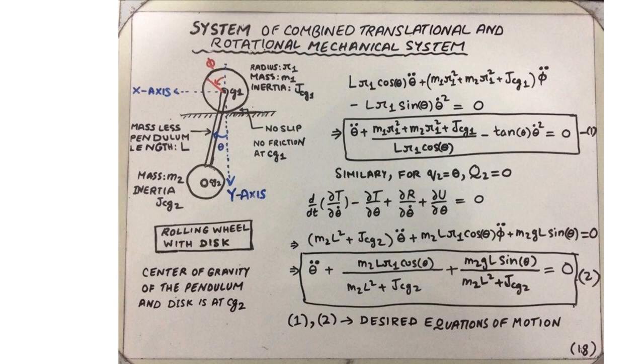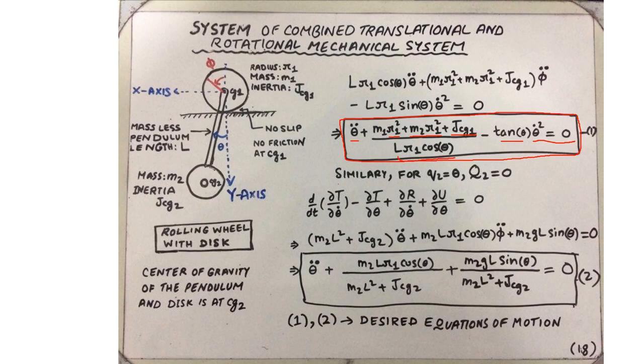And by plugging in the expression of each one of those terms, we finally arrive at the first equation of motion obtained from the Lagrange method. Which says that phi double dot plus (m1 r1 square plus m2 r1 square plus jcg1) divided by l r1 cosine theta minus tan theta times theta dot square equals 0.